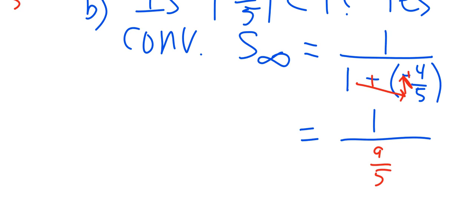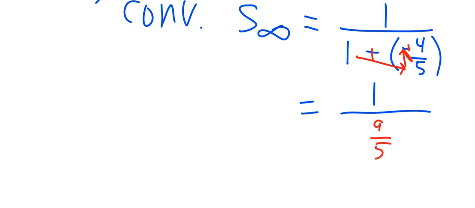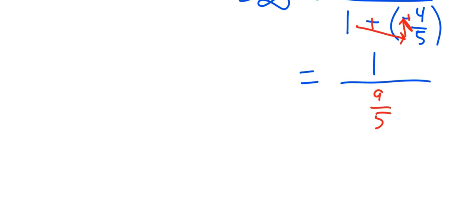Okay. Now, what is 1 divided by 9/5? Don't need a calculator. Here, I'll even write it out in maybe a different fashion so that it might ring some bells. 1 divided by 9/5.